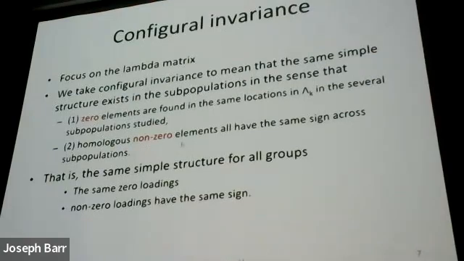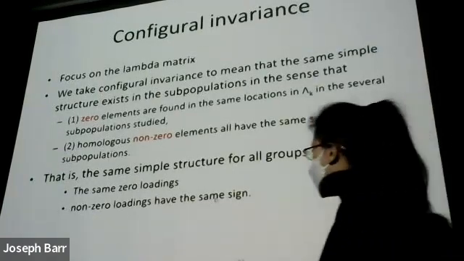If it's non-zero, you also want to make sure they have the same sign, whether positive or negative. You have to make sure the lambdas are the same in the several subpopulations. So that is the same simple structure for all groups: the same zero loadings, and non-zero loadings with the same sign.